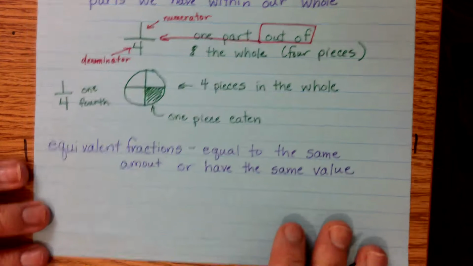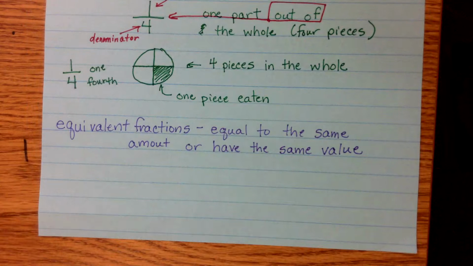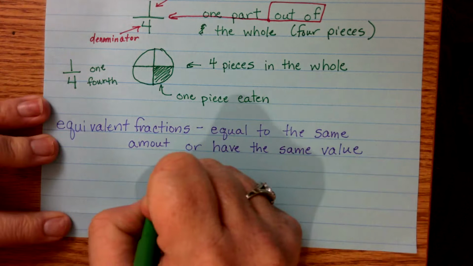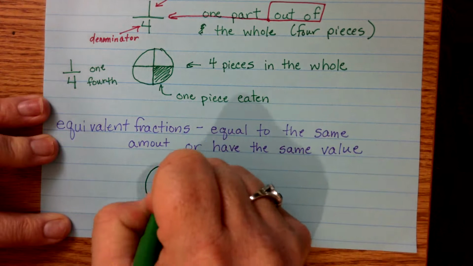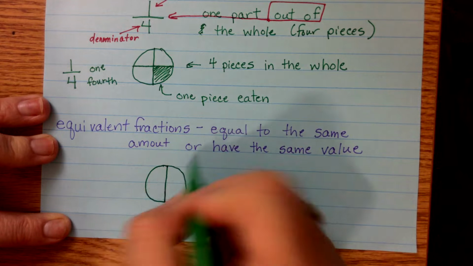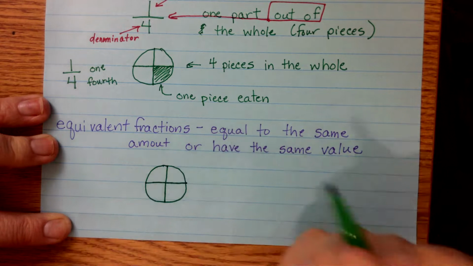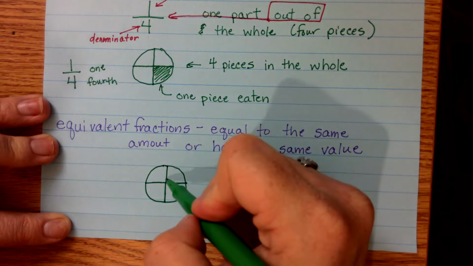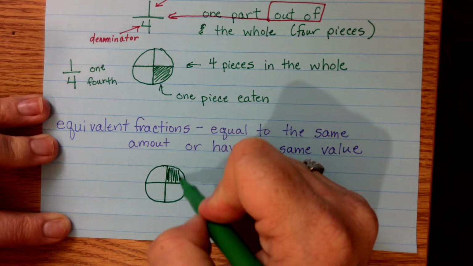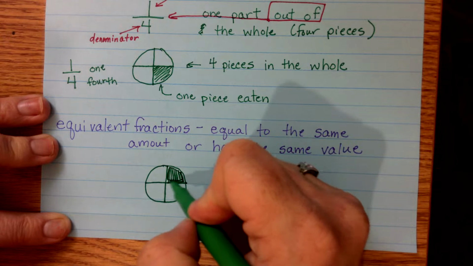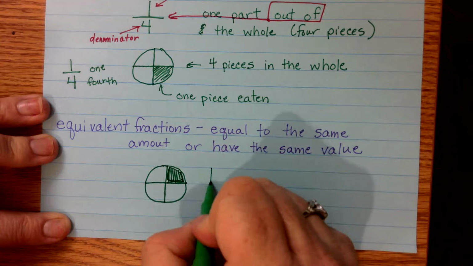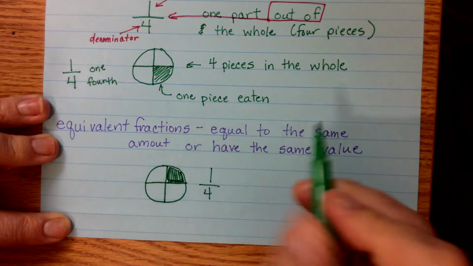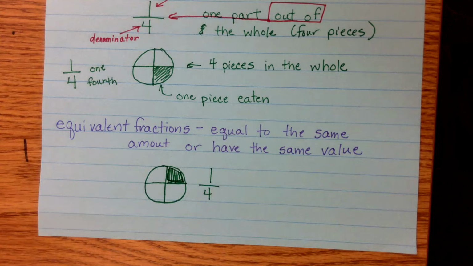So we're going to revisit our pizza model again and take another look at this. So we know, if we look at this and we color in one of these spots, assuming that all my pieces are of the exact same size, this is 1/4 of the pizza. But I can divide that pizza into smaller pieces and I can get a different fraction.